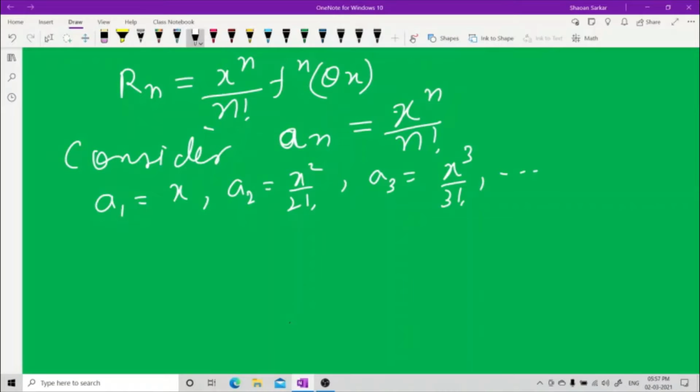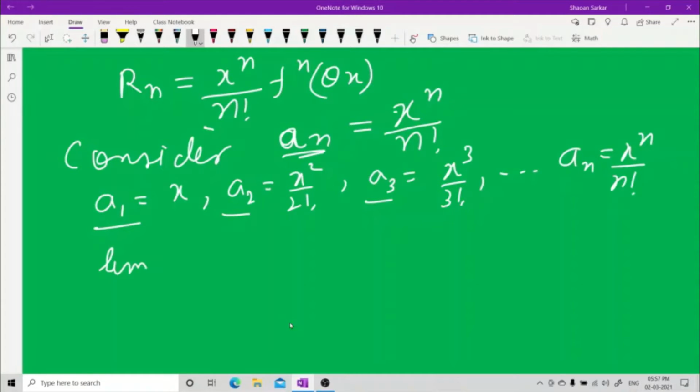I'm writing down just the result. Suppose these are the sequence a1, a2, a3 up to a_n. Let us say a_n is x^n upon n factorial. This is a sequence, and there is a result on sequences.